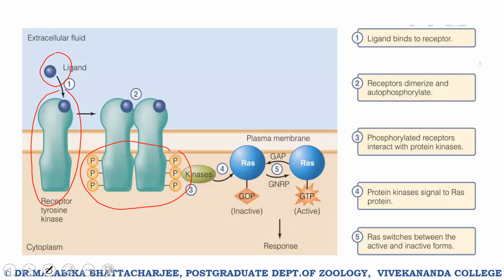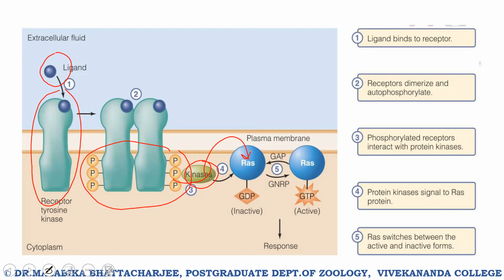Thus the receptors are activated, and further the phosphorylated receptors now interact with other protein kinases. You can see it is interacting with other protein kinases, and these kinases then pass the signal. In this case, you can see the signal is being passed to one such important signal transducer, the RAS protein.